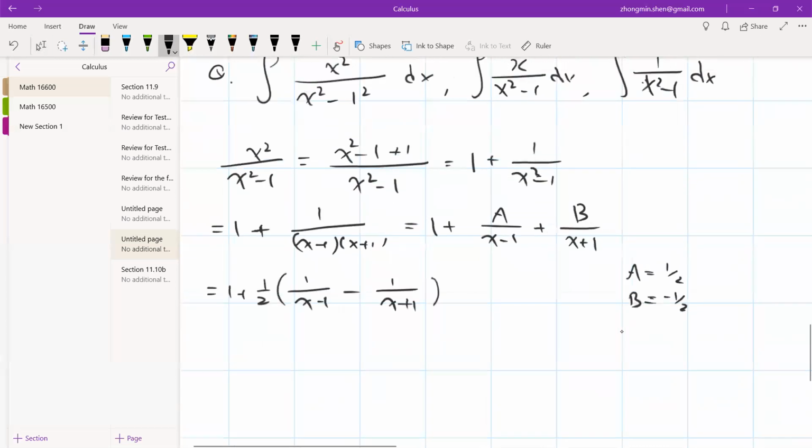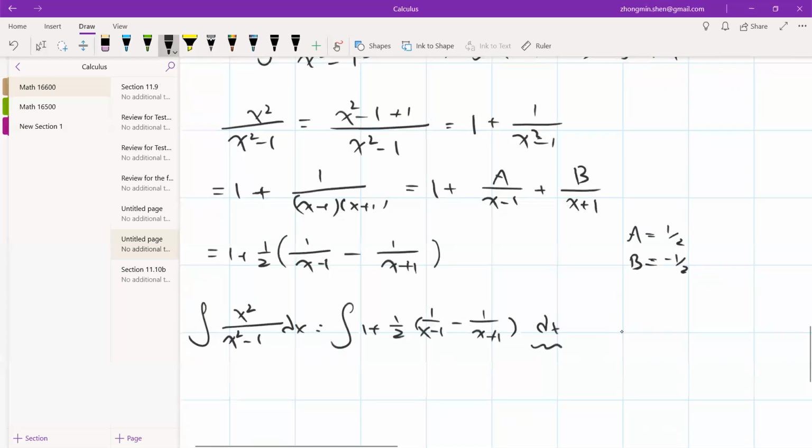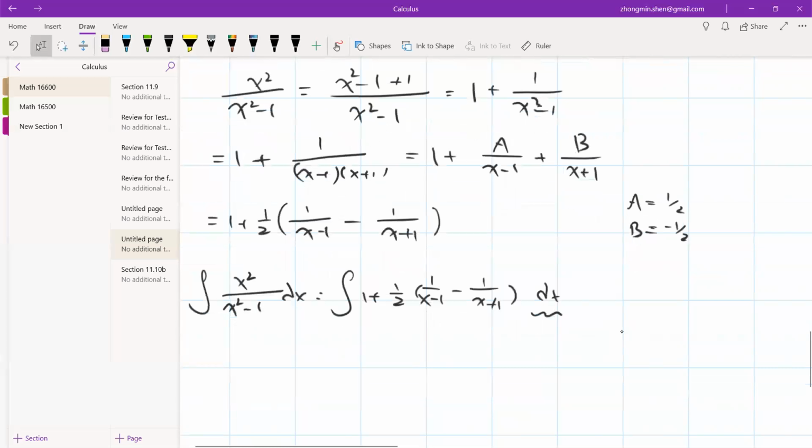All right, so once you get this, the integral of x squared minus 1 is going to be the integral plus 1/2. But don't be lazy. You have to put a dx there. I'm not sure who is going to grade the final exam. If you don't put it, sometimes I take points off.